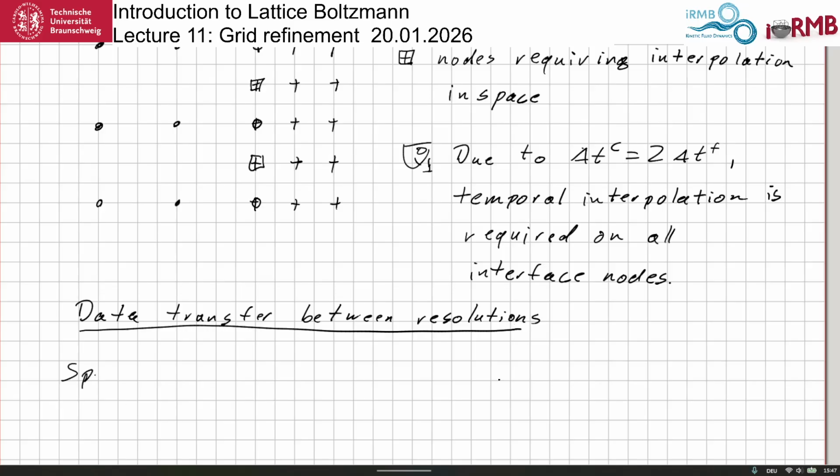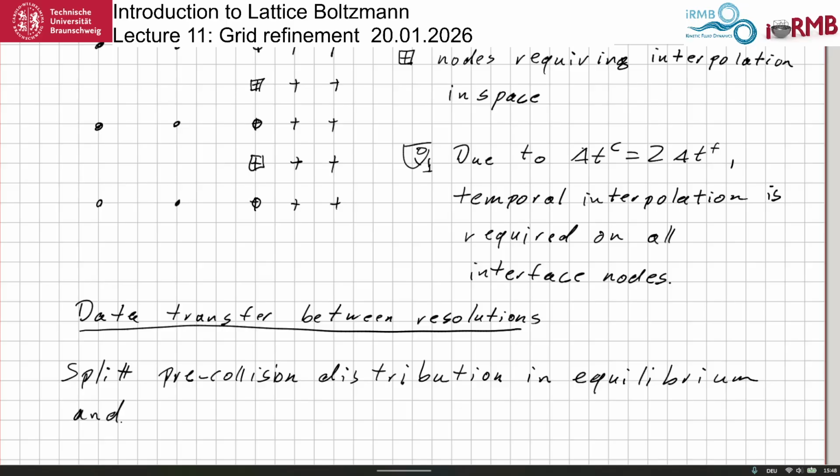Because we have to rescale the non-equilibrium part, what we do is we split the pre-collision distribution in equilibrium and non-equilibrium.